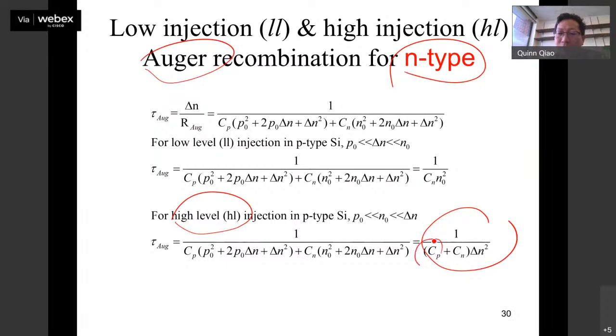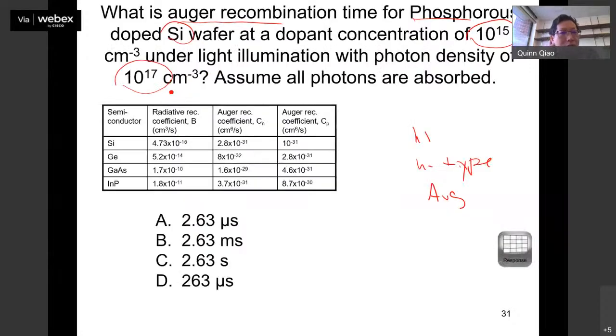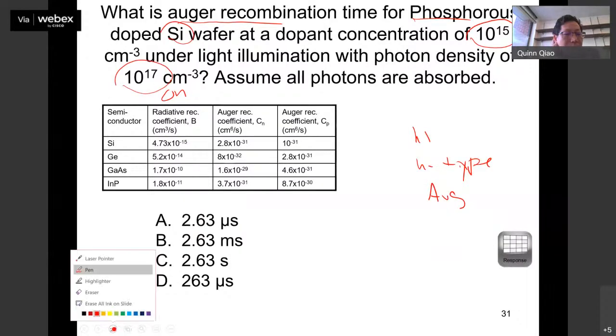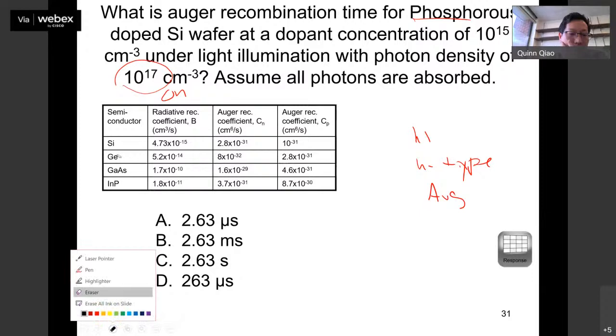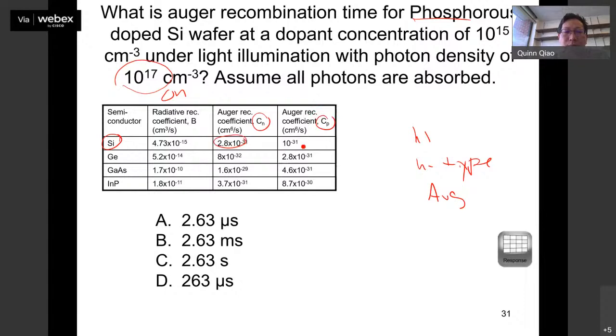And then we need to find the CpCn, okay? Because delta n we know is 10 power 17, right? And then find the Cp. This is also silicon, and then we have auger, Cn, Cp.